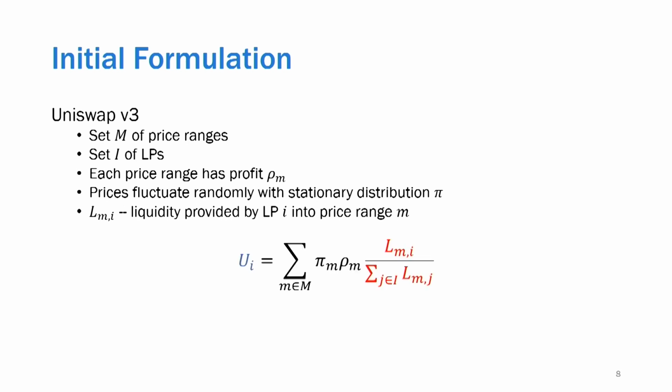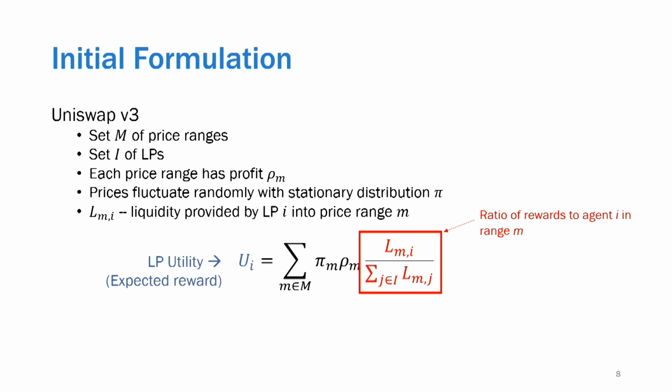We model the utility of each liquidity provider as an average over this distribution. Here, this ratio is the ratio of rewards to agent i in pool m, weighted according to the probability of being in that price range and the reward that you get from that price range.